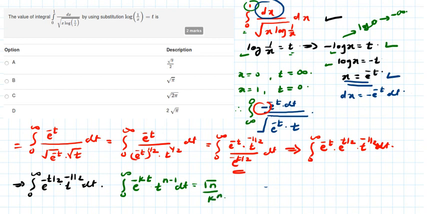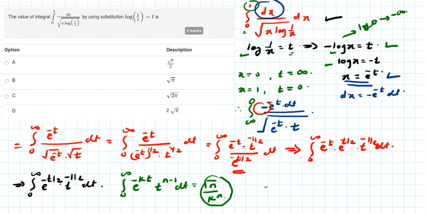Now see this, if this t is multiplied by some constant, in this case by k, then we can change the definition of the gamma function. That definition will be gamma n upon k raised to n.